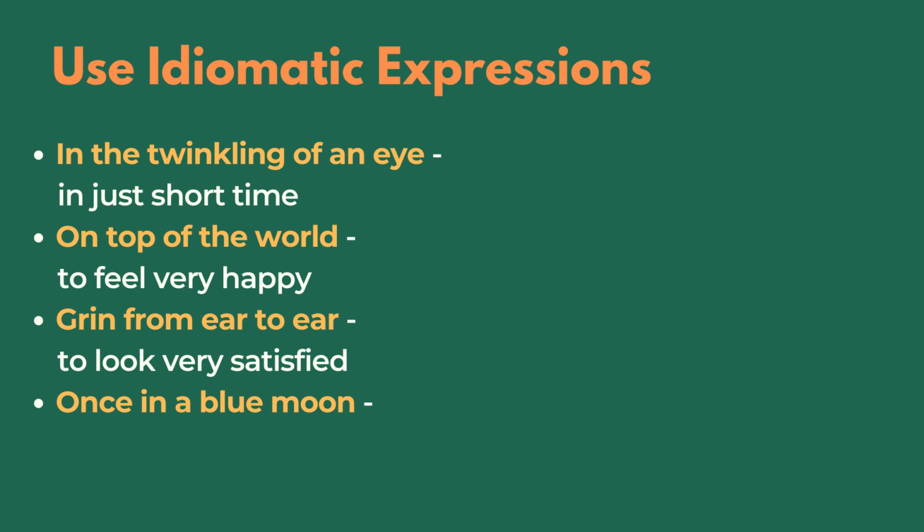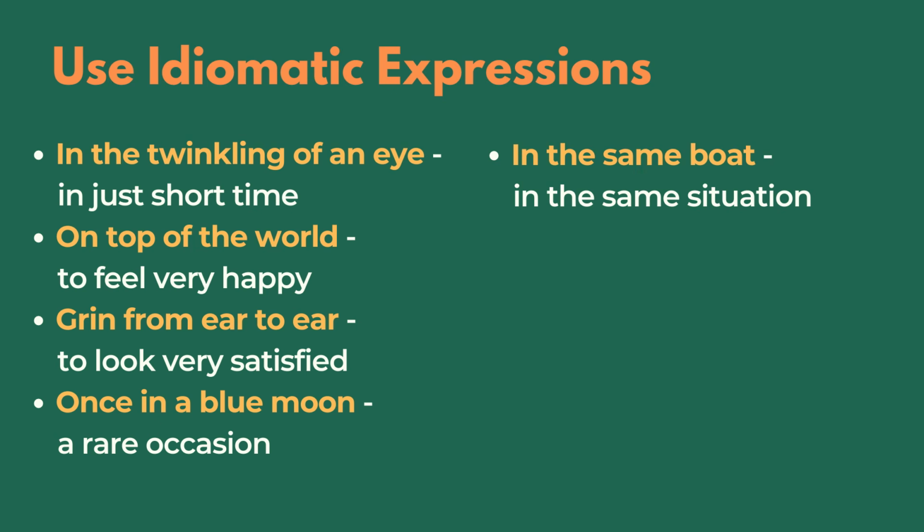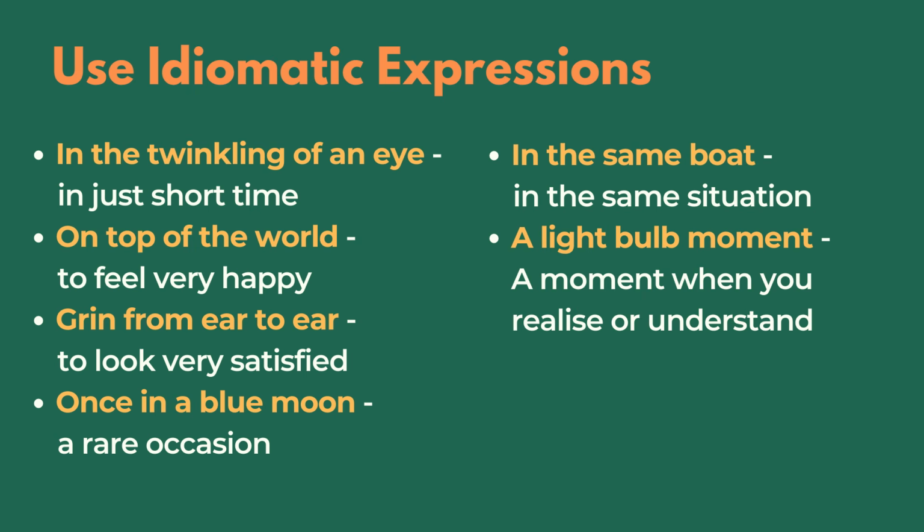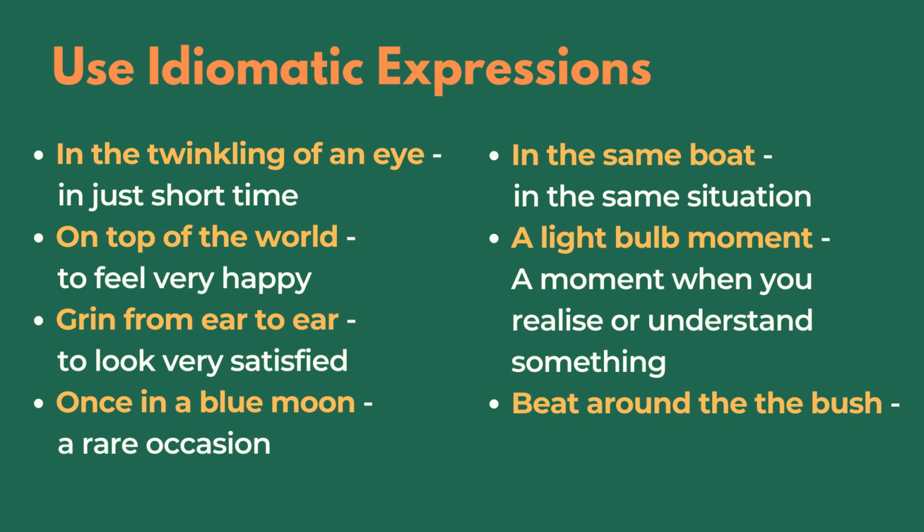Once in a blue moon, a rare occasion. In the same boat, in the same situation. A light bulb moment. A moment when you realize or understand something. Beat around the bush, to say something indirectly.